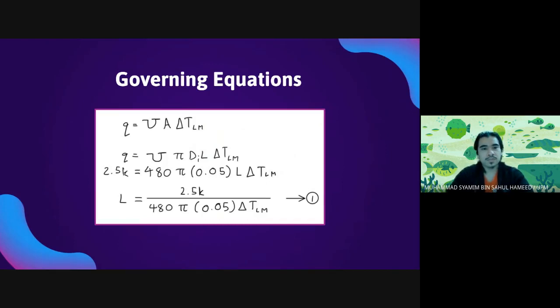The governing equation regarding this question is the heat transfer rate, where we use the overall heat transfer coefficient times the surface area times the log mean temperature difference. Here you can see equation 1. We are required to obtain the log mean temperature difference to find the length.